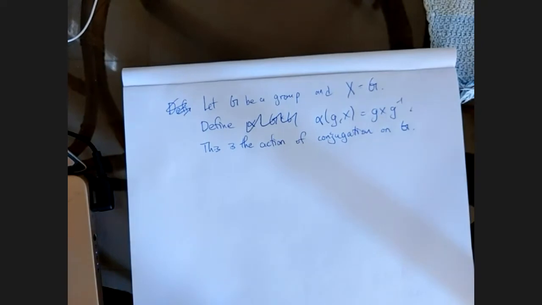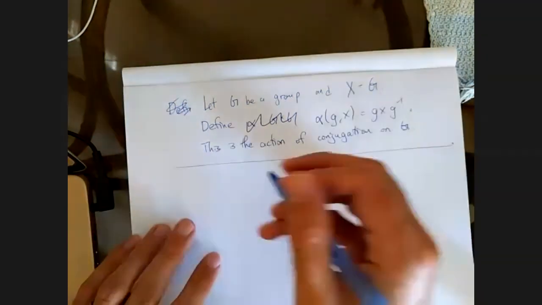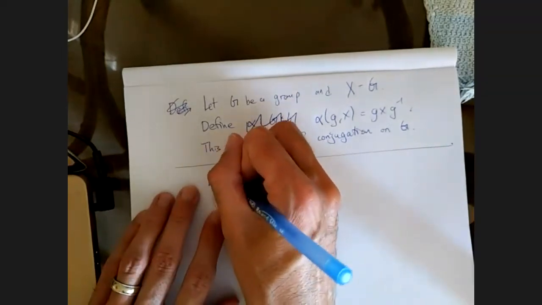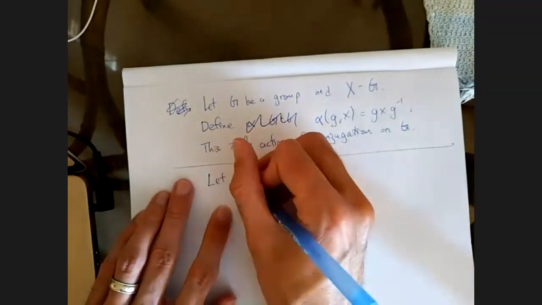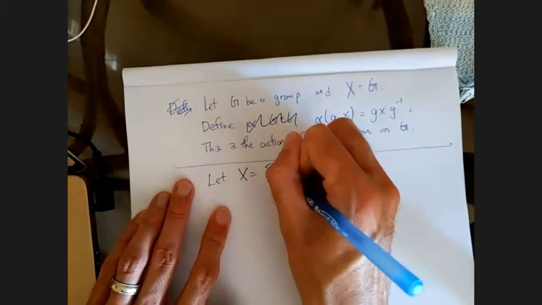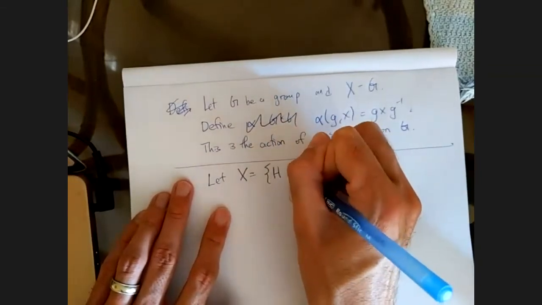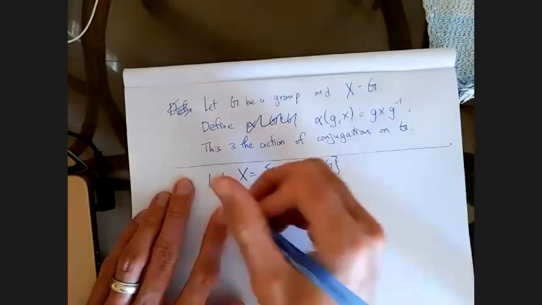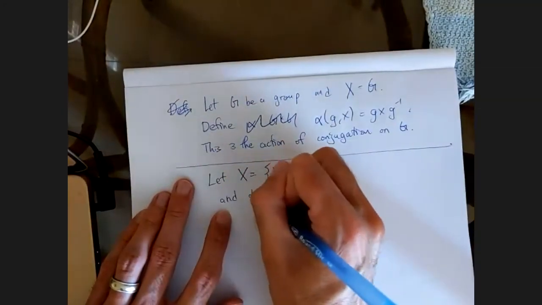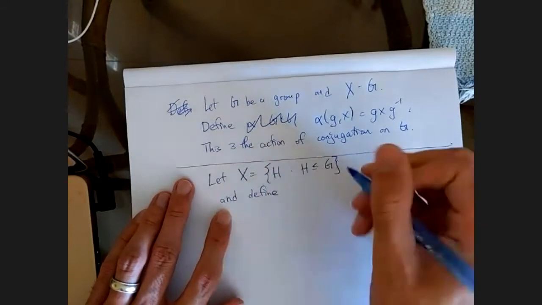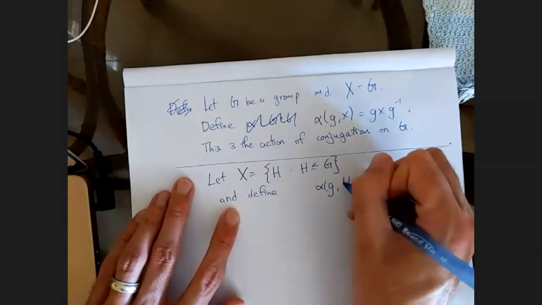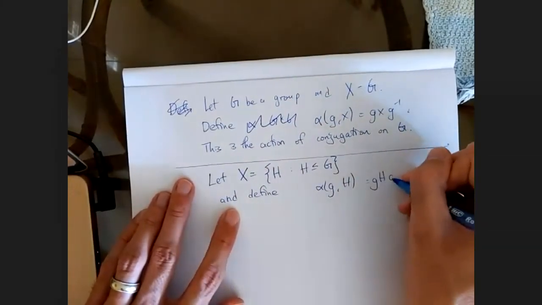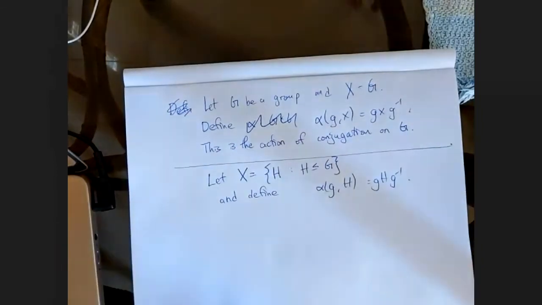And then as a generalization of this, one more example. Let X be the set of all subgroups, and define alpha of g, H to be g H g inverse.